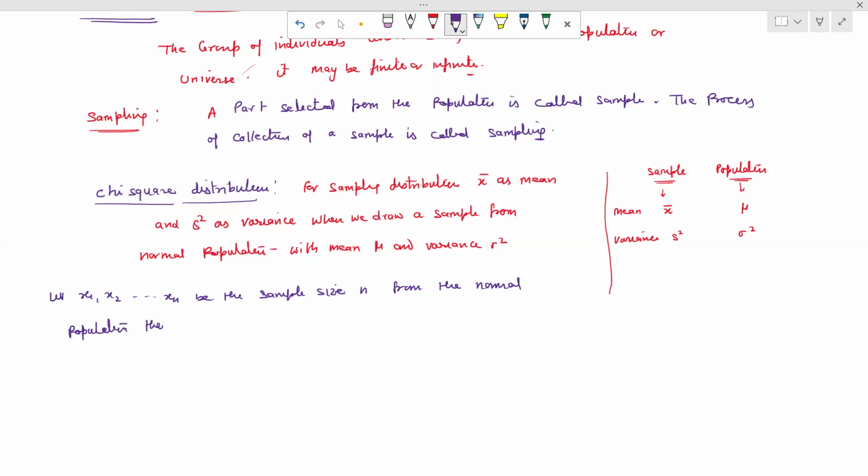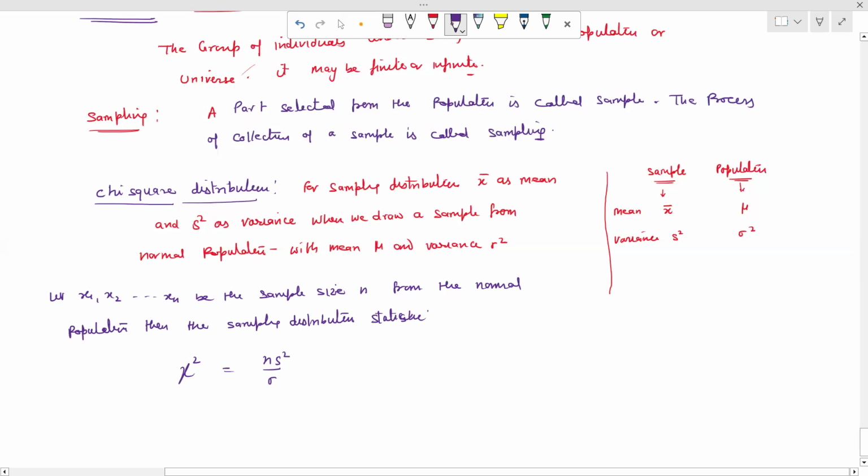Then the chi-square distribution, the sampling distribution statistic, we denote as chi-square, which is n s square upon sigma square.